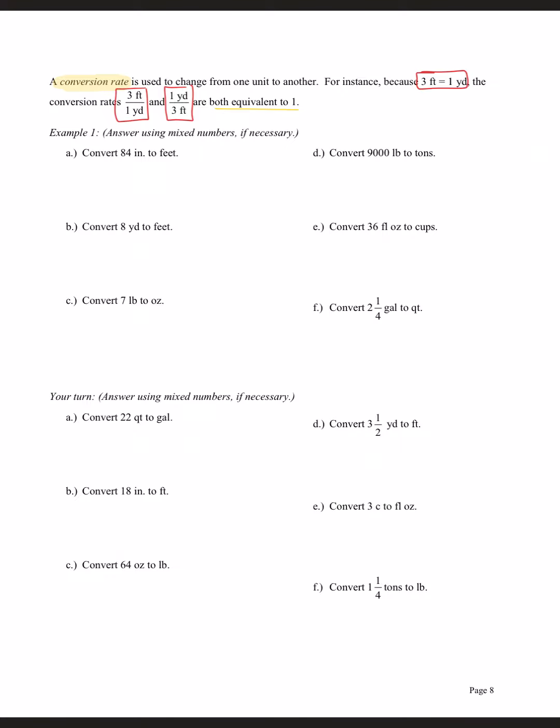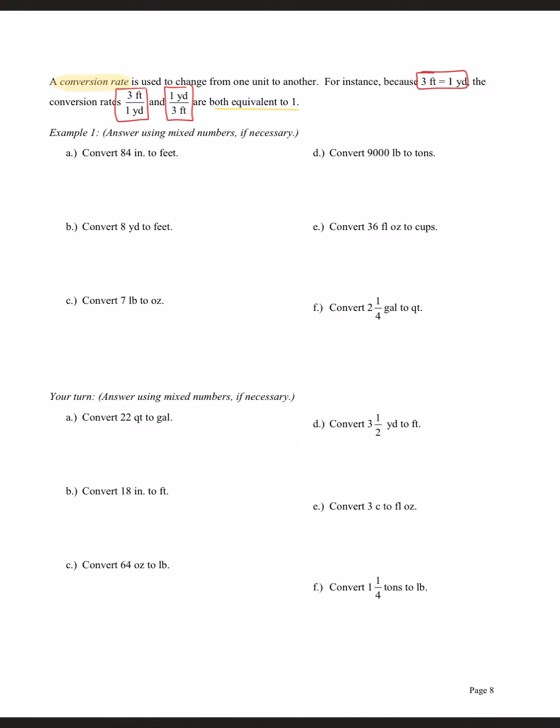That's because whatever is present in the numerator is the same, in this case, length as what's in the denominator. 3 feet is the same as 1 yard. And anytime you divide something by itself, it's equal to 1. We have to pay close attention to the unit that's being given to us to know which of these we have to use. So let's go ahead and try out an example.